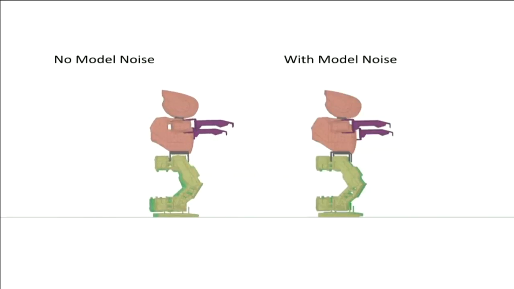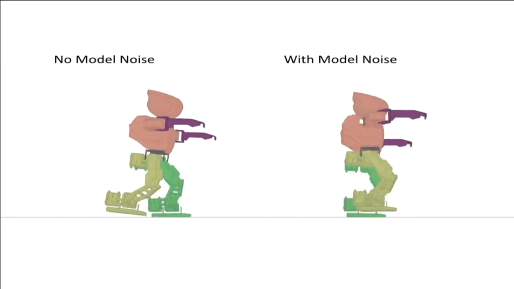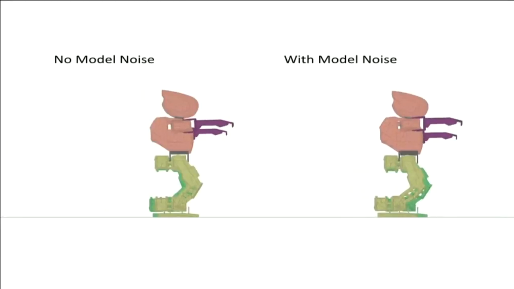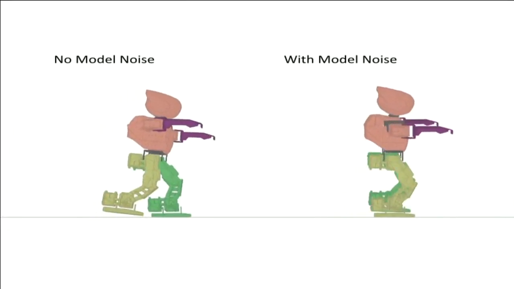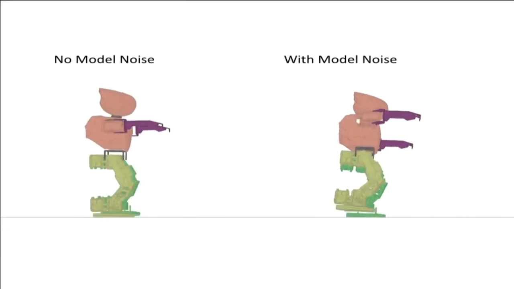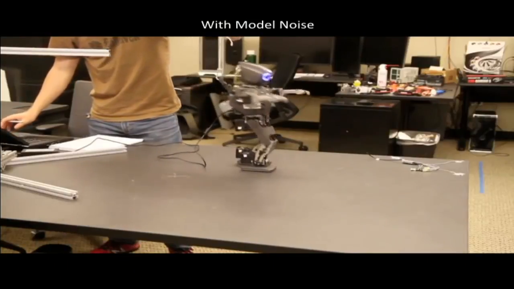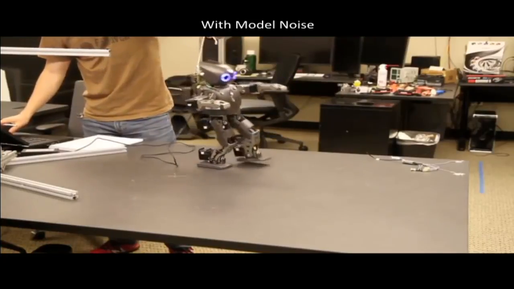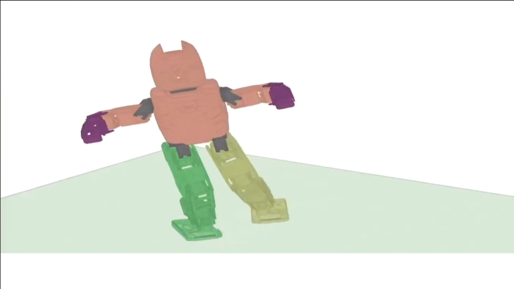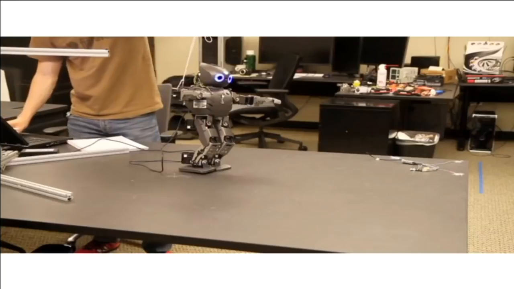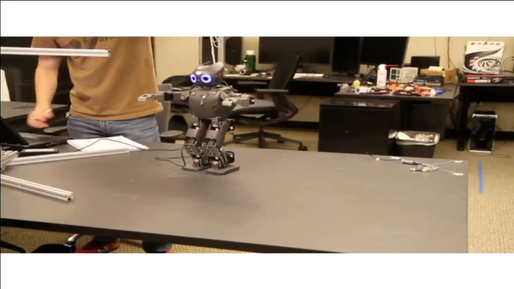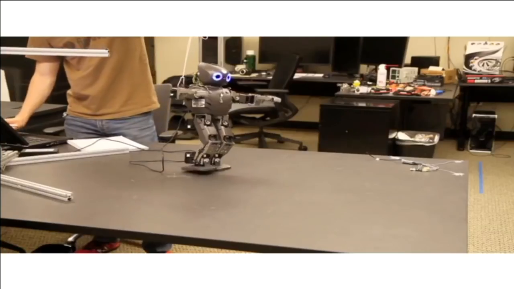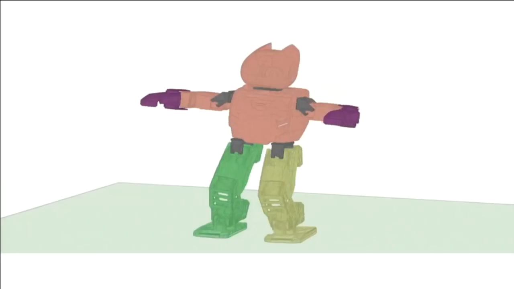But if we optimize by taking model noise into account, for the same task, we end up getting a more conservative movement that takes many smaller steps and does not rock heel to toe. And this movement, if we execute it in open loop, is much more likely to succeed on the robot. And to show you some other examples of these movements, you can have these turns.